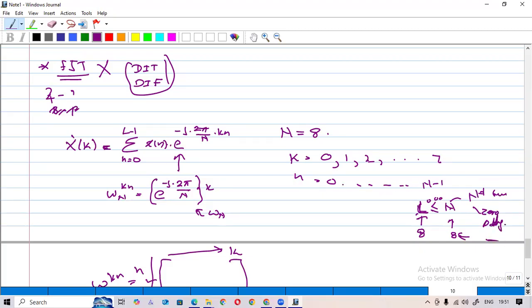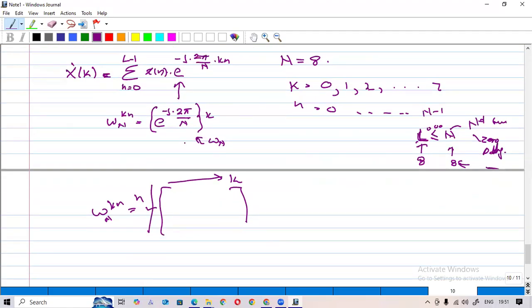So n is again 0 to N minus 1. Here the k will be 0 in this direction. So W^0, that means e to the power 0, so you will have 1 until N minus 1. And in this way, n is 0, so you will have again 1, 1, 1, 1.